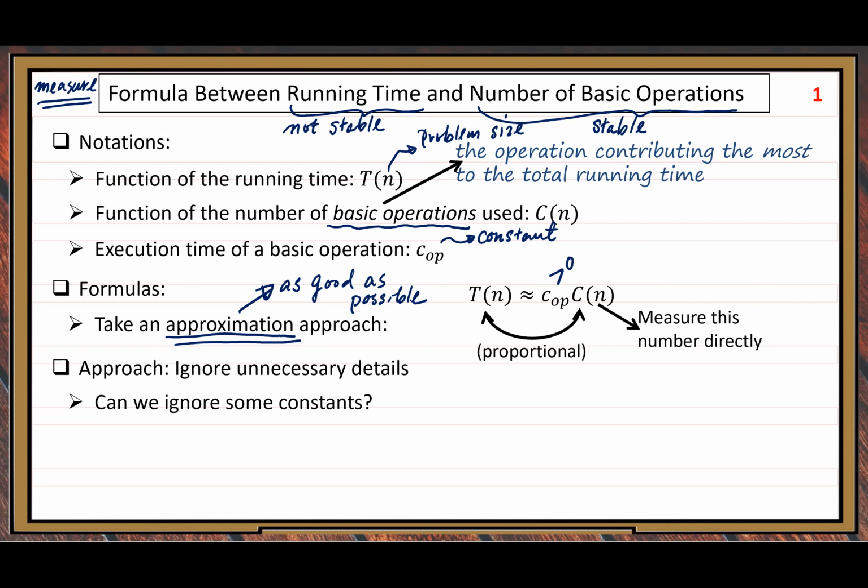The first thing we can ignore: can we ignore some constants? To show you an example, take n plus 4. Here, 4 is a constant. When we want to look at how fast our algorithm is, can we ignore this constant?